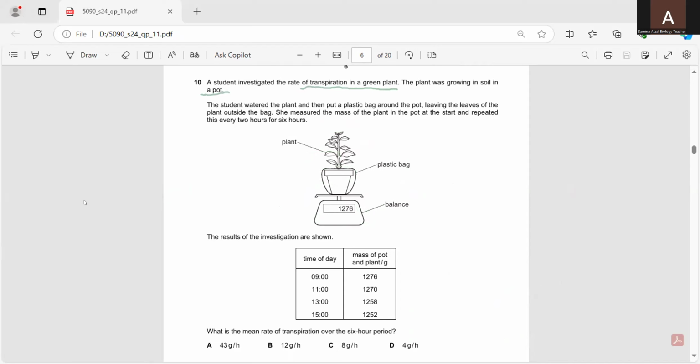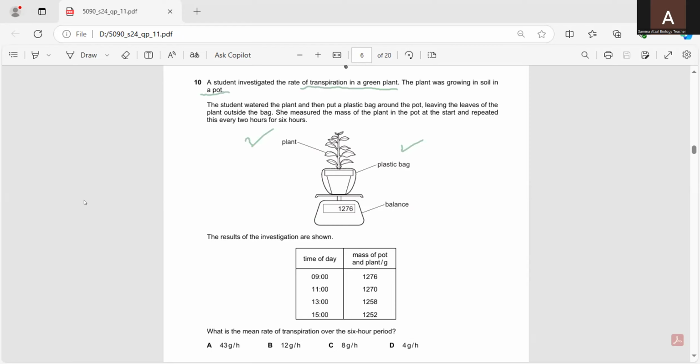The student watered the plant and then put a plastic bag around the pot, leaving the leaves of the plant outside the bag. So the leaves are outside the bag.